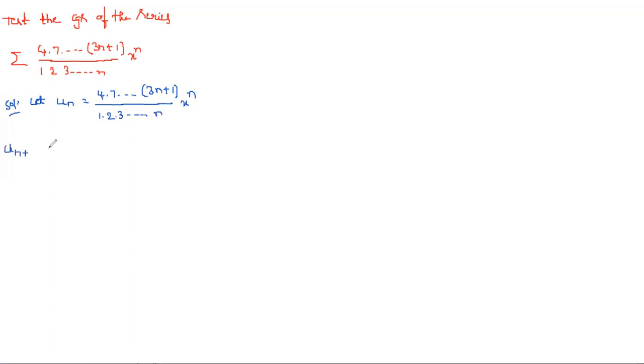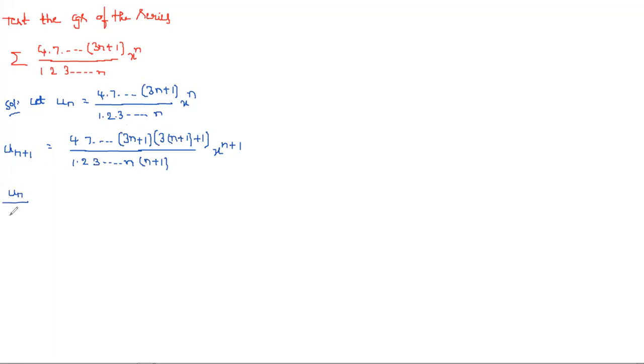So un plus 1 is equal to 4, 7 and so on, 3n plus 1 into, in place of n we have to substitute n plus 1, so 3 into n plus 1 plus 1, by 1, 2, 3 and so on n into n plus 1, into x power n plus 1. Now you can write un by un plus 1.